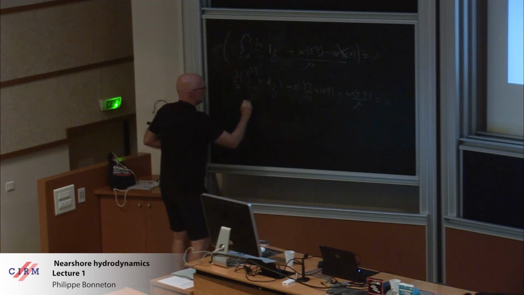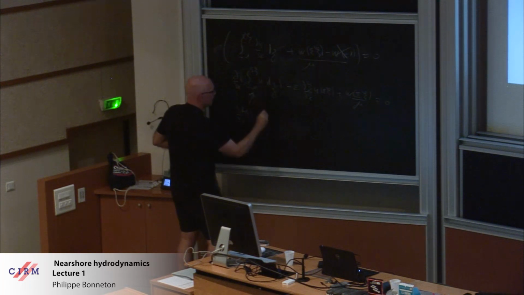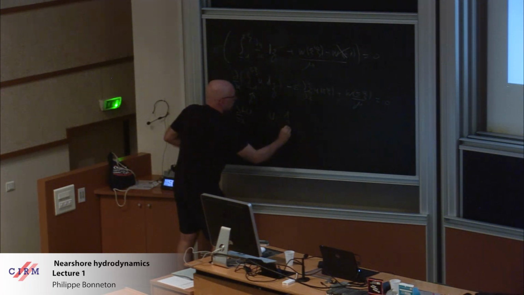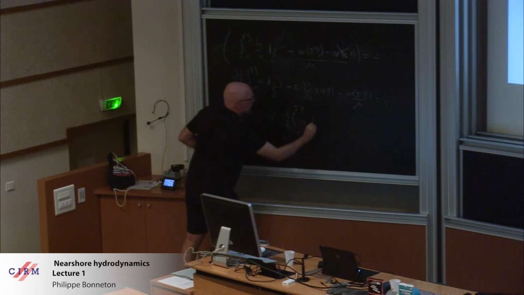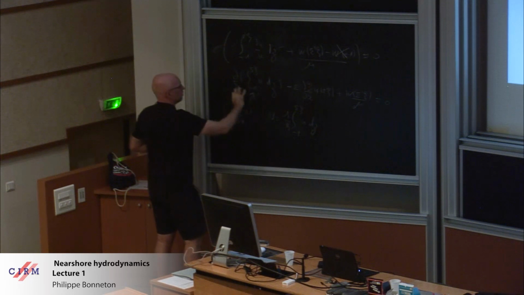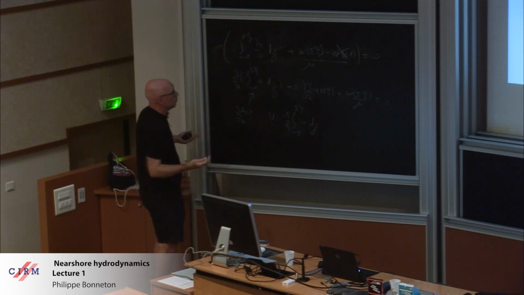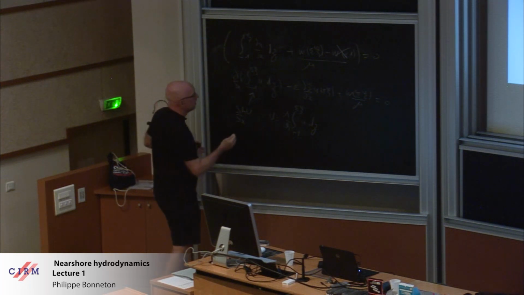And this quantity is equal to dx of hU, where capital U is the depth-averaged velocity, 1 over h times the integral. So this quantity is equal to the spatial derivative of hU. Everything is exact.